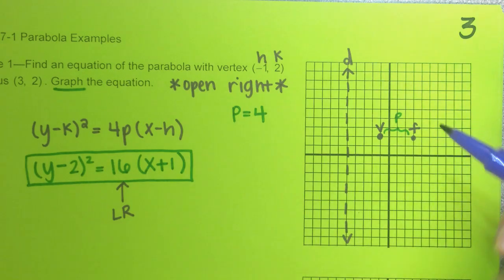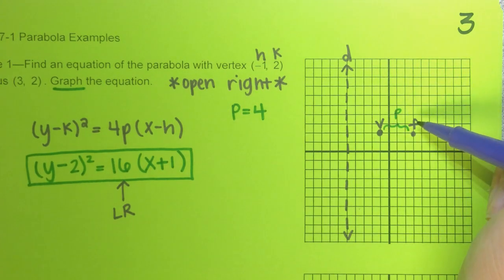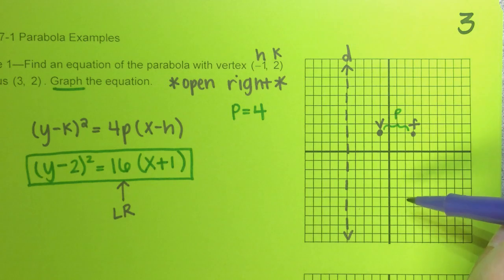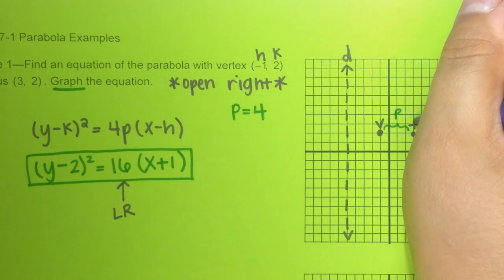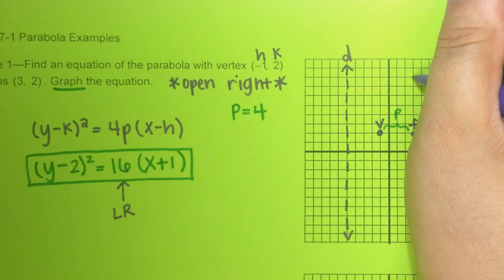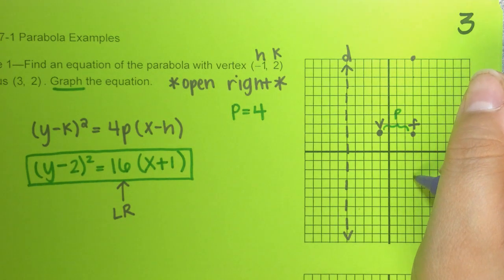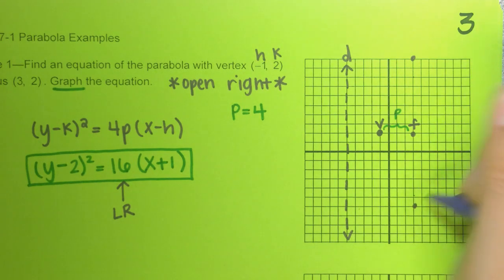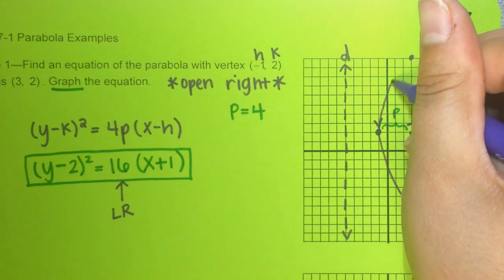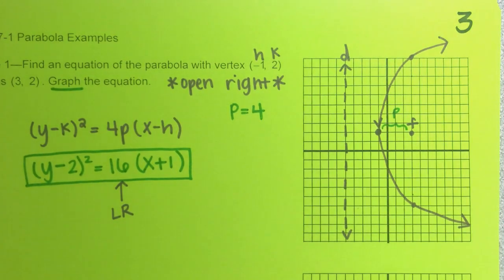So how many am I going to go up and down at my focus to get 16 total? I'm going to go up 1, 2, 3, 4, 5, 6, 7, 8, and down 1, 2, 3, 4, 5, 6, 7, 8. And we have our 5 points.